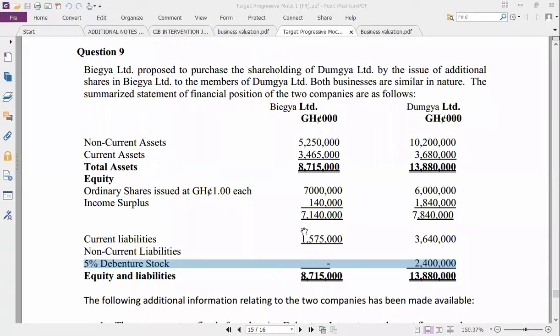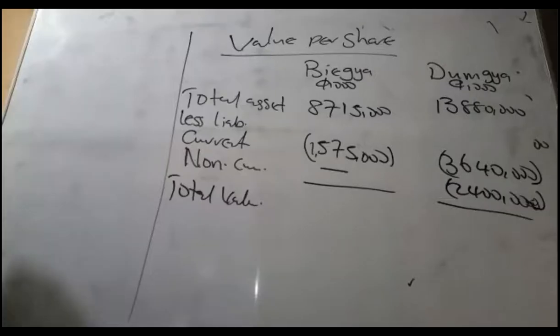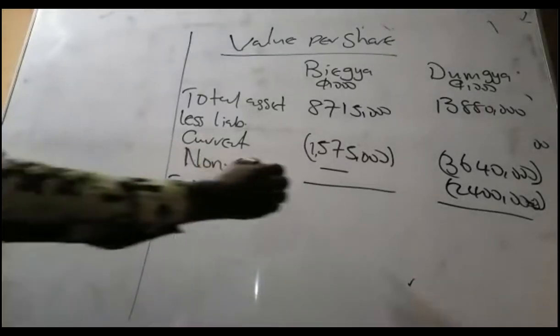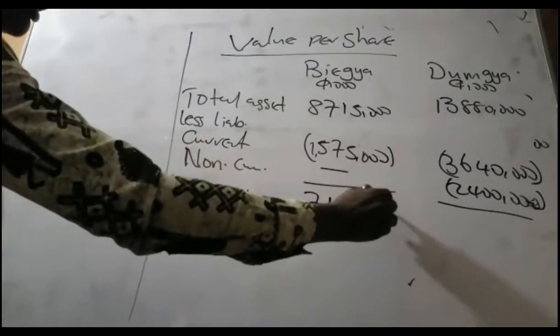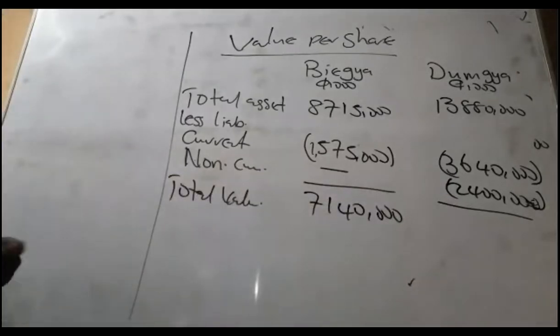So the answer will be 7,140,123 and then 7,840,123. Agreed.